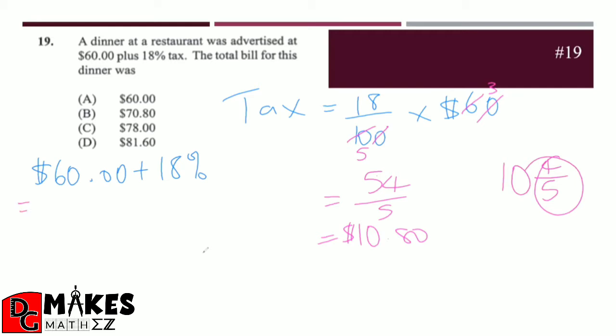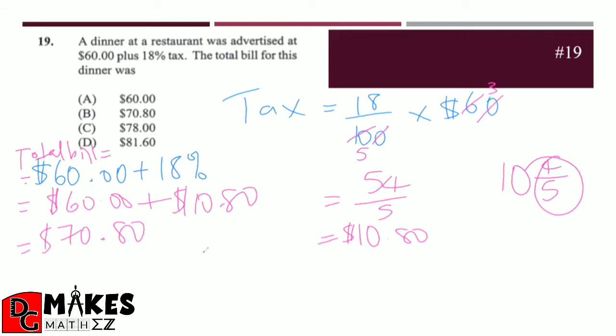And so our total bill is equal to $60 plus our tax, which is $10.80. And once we add those, we are going to end up with $70.80. And question 19 is done.